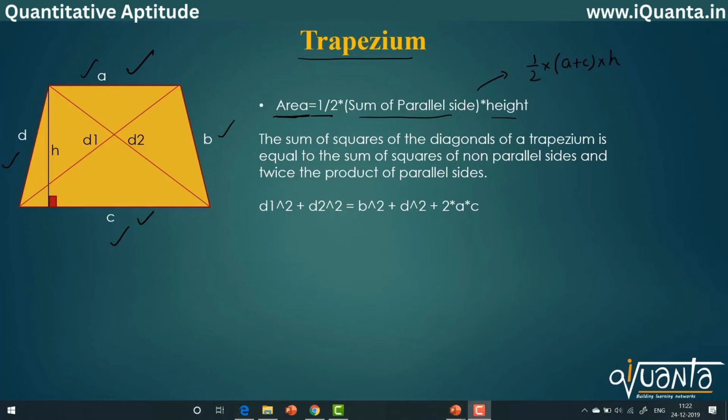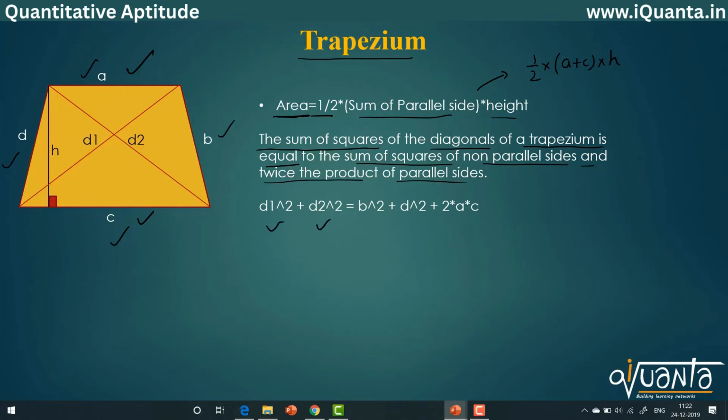There is one more very important formula related to trapezium. This can be applicable when you have to find out one of the diagonals or one of the measurements of the sides or length of one of the sides. So this is the sum of squares of the diagonals of a trapezium is equal to the sum of squares of non-parallel sides and twice the product of parallel sides.